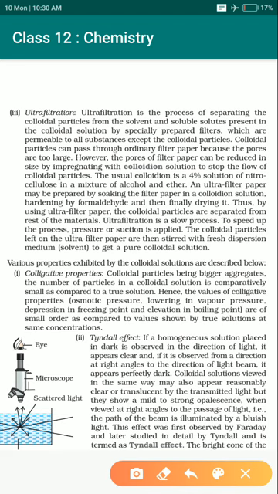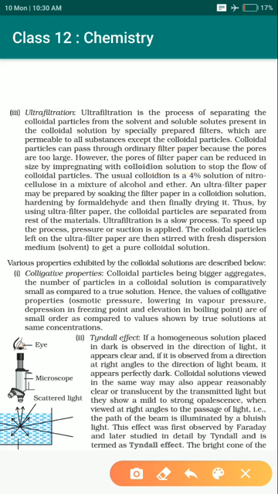We need a special filter paper with the help of which the flow of colloidal particles can be stopped.